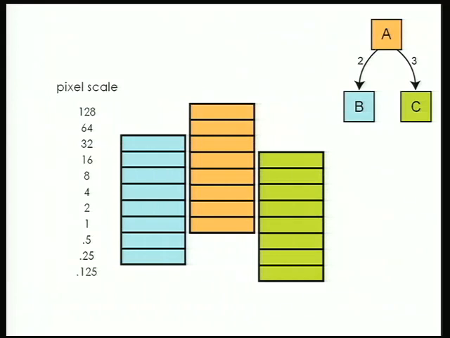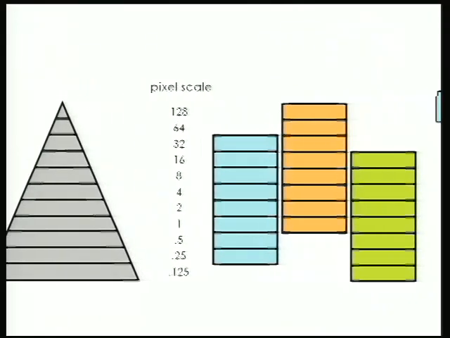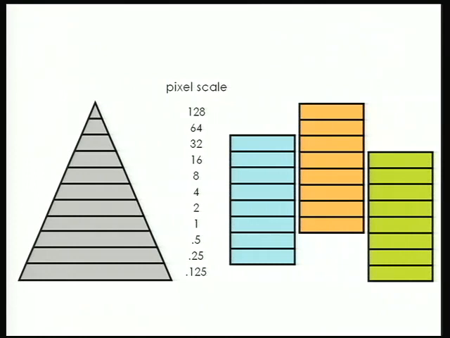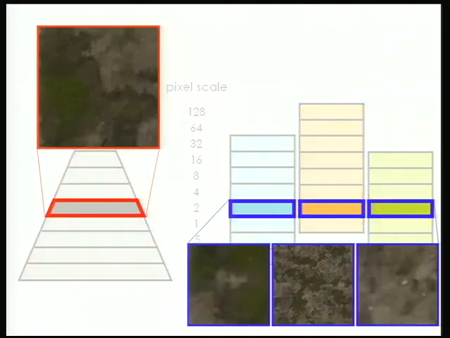This concept applies to more general graphs. Looking at the pixel scales of these 3 Gaussian stacks, we notice that the same relationships were seen also in the synthesis pyramid. This is going to be a very useful and fortunate fact for us, because it tells us that at a given level of synthesis, we know exactly which pixels from the Gaussian stacks to use, namely those having the same physical scale. Now, Lefebvre and Hoppe also noticed this, and they introduced coordinate synthesis, which we'll also be using.